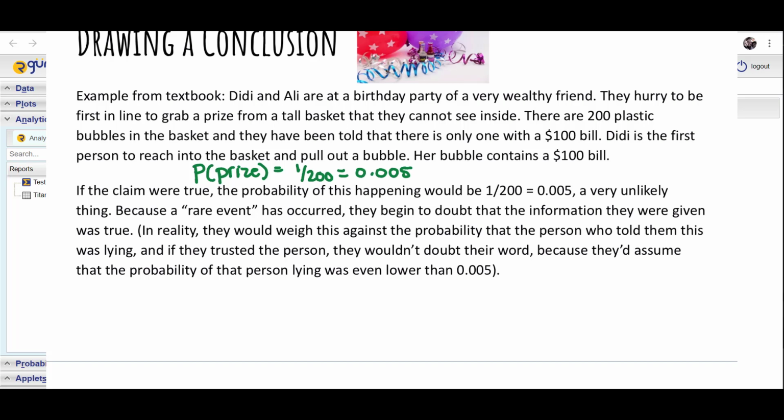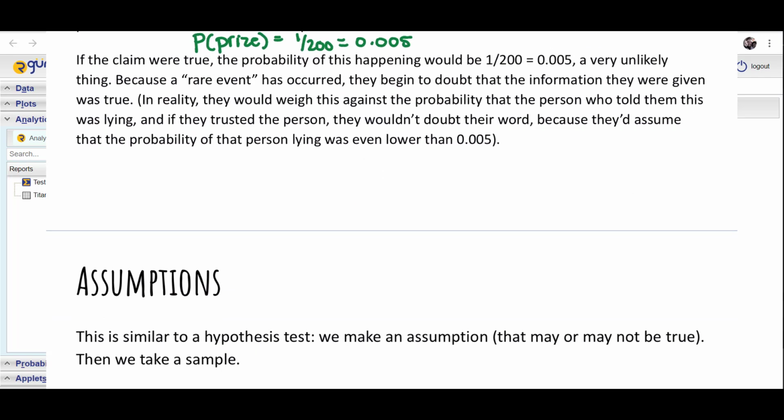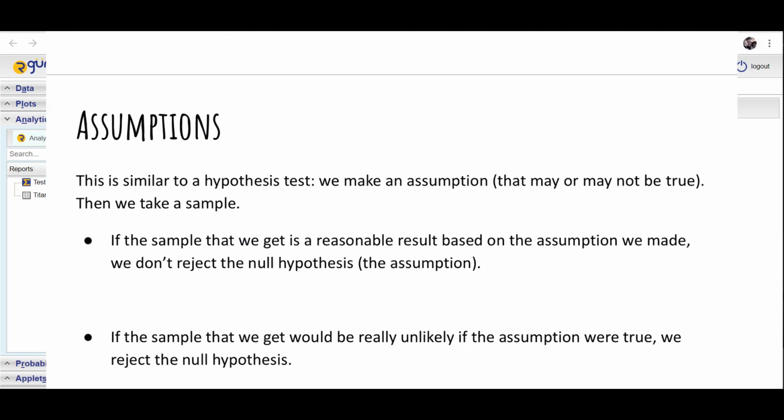Is 20.25 extremely higher than the 20? Is it something that is very unlikely to occur? And if that's the case, then we start to doubt whether that assumption that the cereal box weight really is 20 is actually true. And so we use that to help us make our decision.